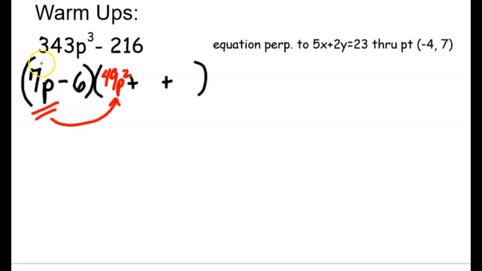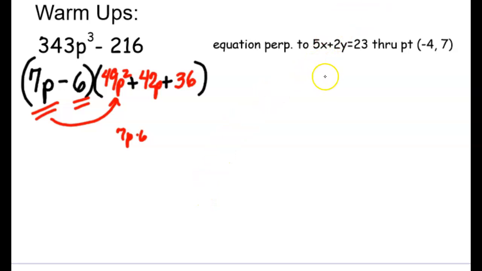In the middle goes one of these times one of these, so what is a 7p times a 6? And at the back goes the b, the 6 squared. Okay, and it does not factor further. Big messy numbers, but okay.